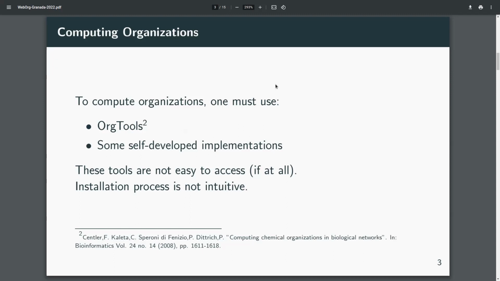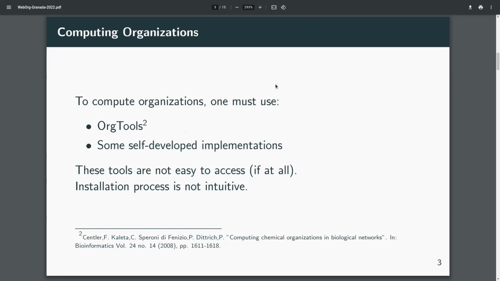Or you could use some self-developed tools or implementations of these algorithms, or have your own algorithms. These tools are not very easy to access if they're at all public. And OrgTools is more than 10 years old, more than 12 years old. It's not an intuitive process to get it running on newer machines.